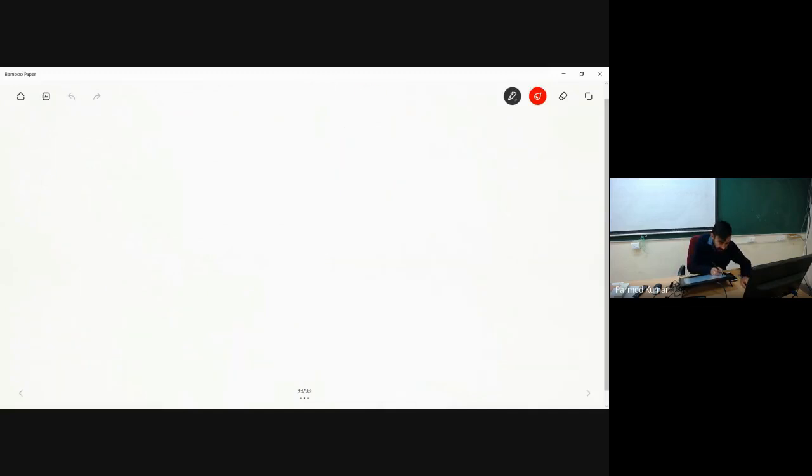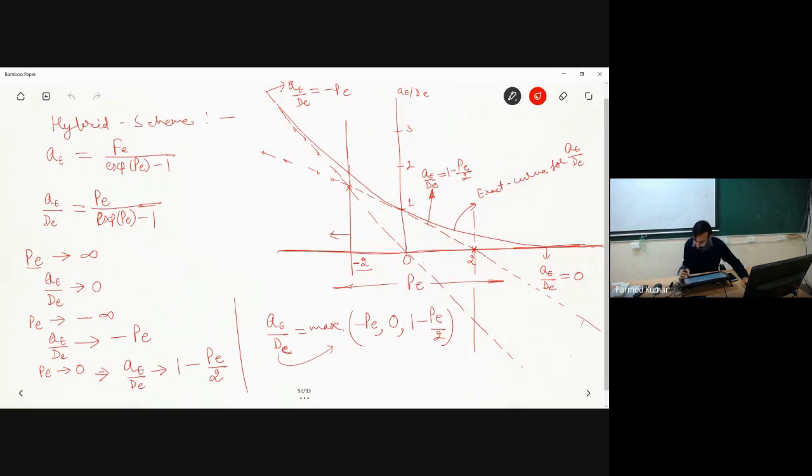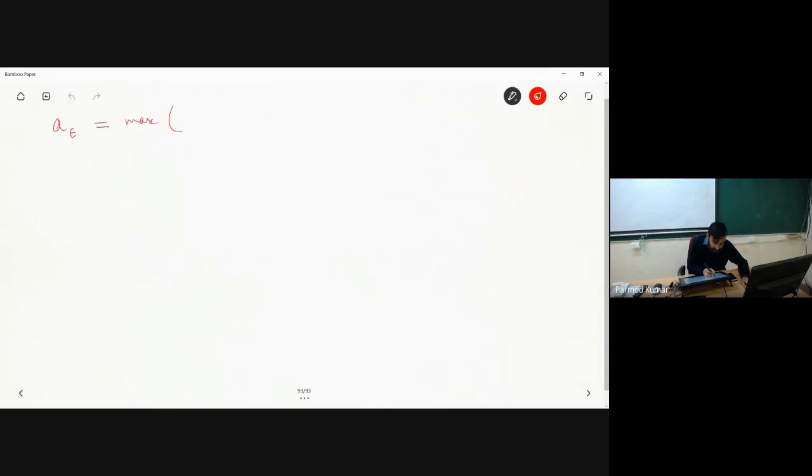Let me now take DE to the right hand side. So if I take DE to the right hand side, what will I be getting? AE will be equal to the maximum of, where I was having Peclet number. The definition of Peclet number is FE divided by DE. So if I multiply with DE instead of Peclet number, I'll be simply getting FE. Okay. So it will be the maximum of minus FE. If I multiply with 0, that will not affect.